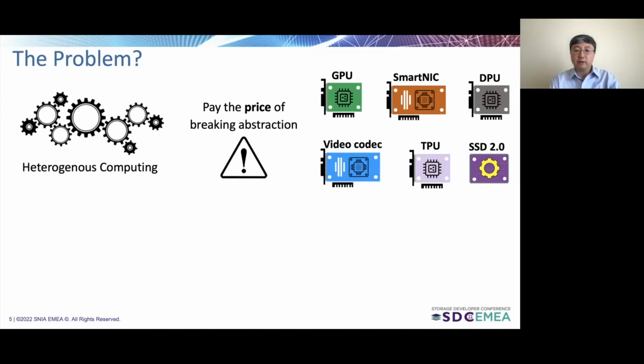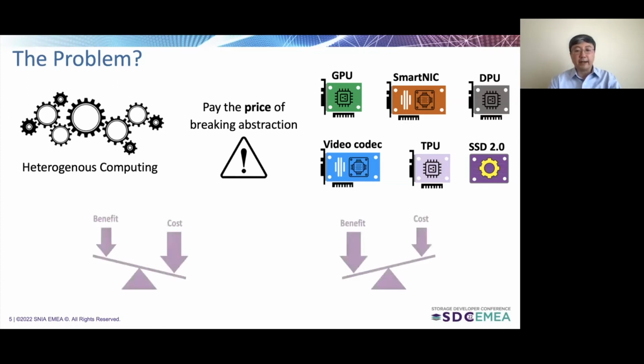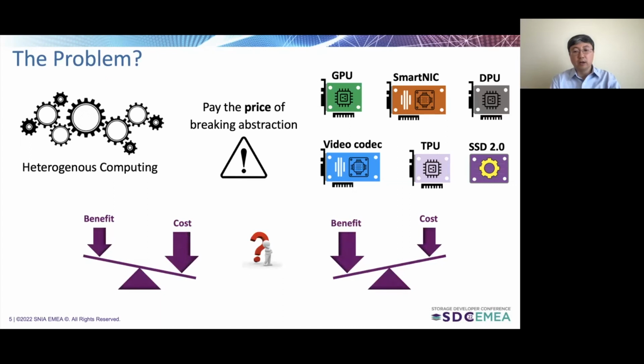Clearly, whether a heterogeneous computing solution is commercially viable depends on whether it has a justifiable and favorable cost versus benefit trade-off. The success of devices like GPUs and smart NICs essentially is attributed to their justifiable cost versus benefit trade-off.